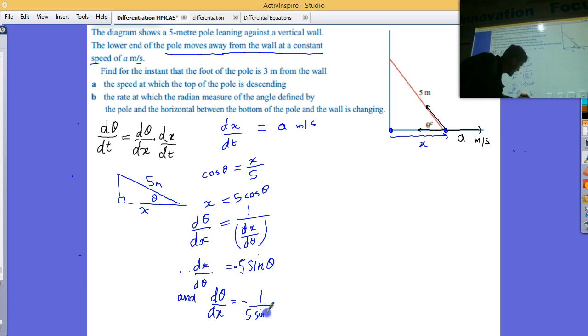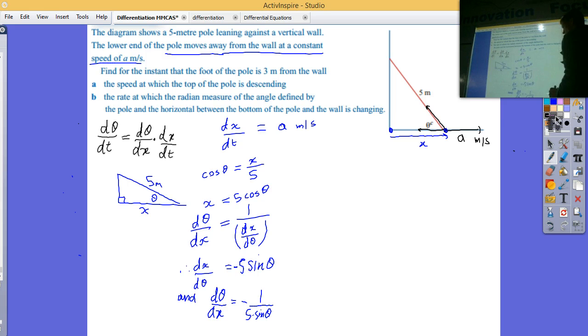Sine of theta. Alright. Good. Let's see how that's going to work out with the rest of the problem. Now, put that together with my rule.